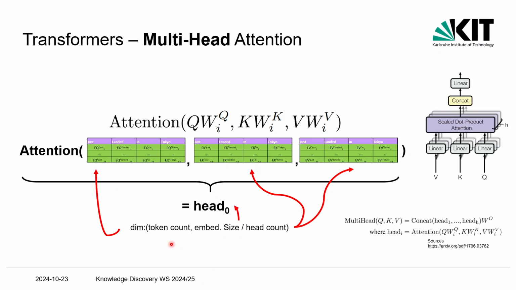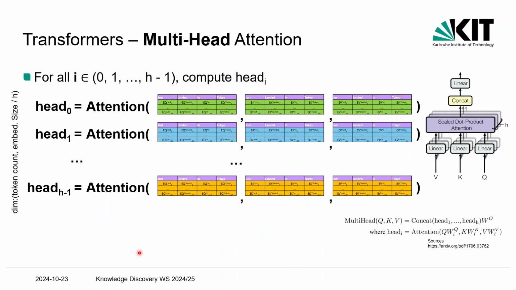How much is that? 2 to the power of 9 divided by 2 to the power of 3, so 2 to the power of 6, meaning it's 64 for each of them, for both the head and the different matrices in it.